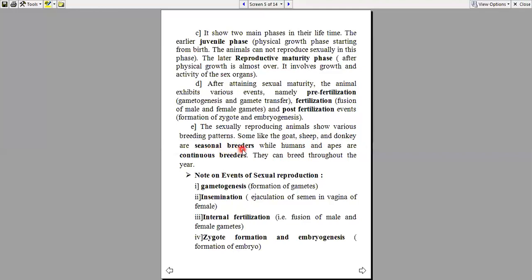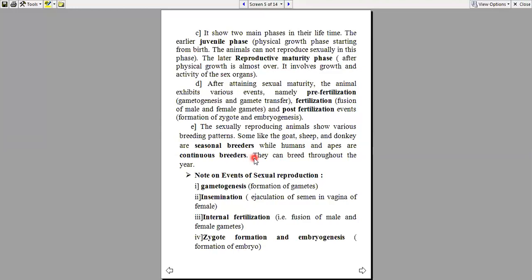They do not breed throughout the year. While humans and apes are continuous breeders. They can breed throughout the year. They are perennial breeders.